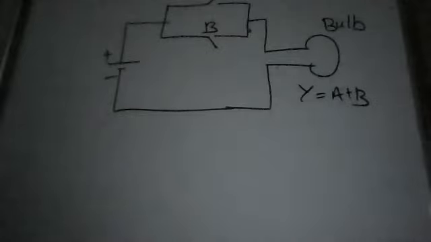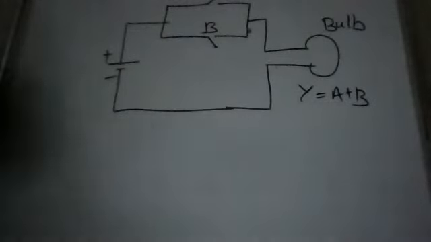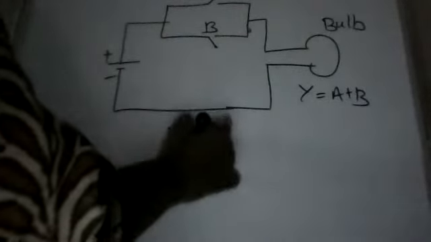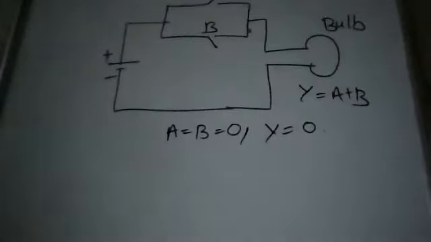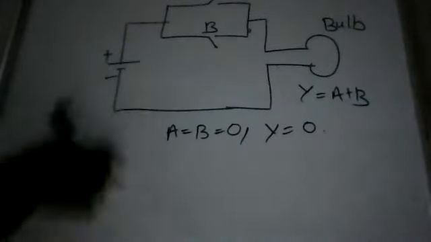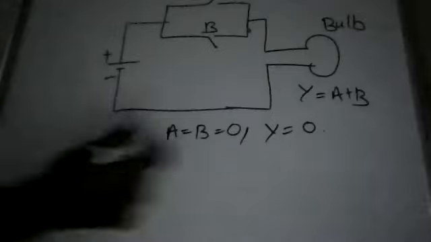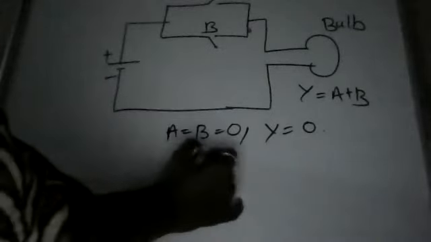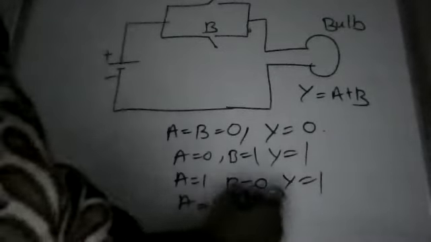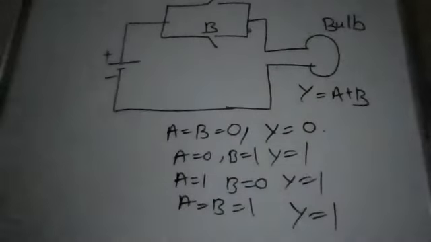From the truth table, we can say that when the two inputs are in zero condition, Y equal to 0, that means the bulb will not glow. In the other three conditions, A equal to 0, B equal to 1, we get output Y equal to 1; A equal to 1, B equal to 0, we get Y equal to 1; and A equal to B equal to 1, in this also output Y equal to 1.